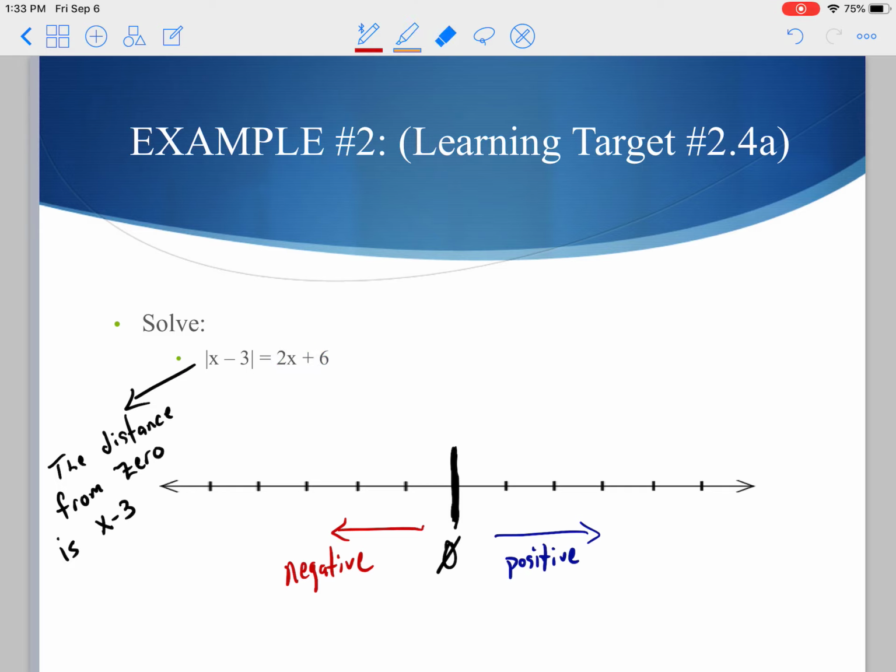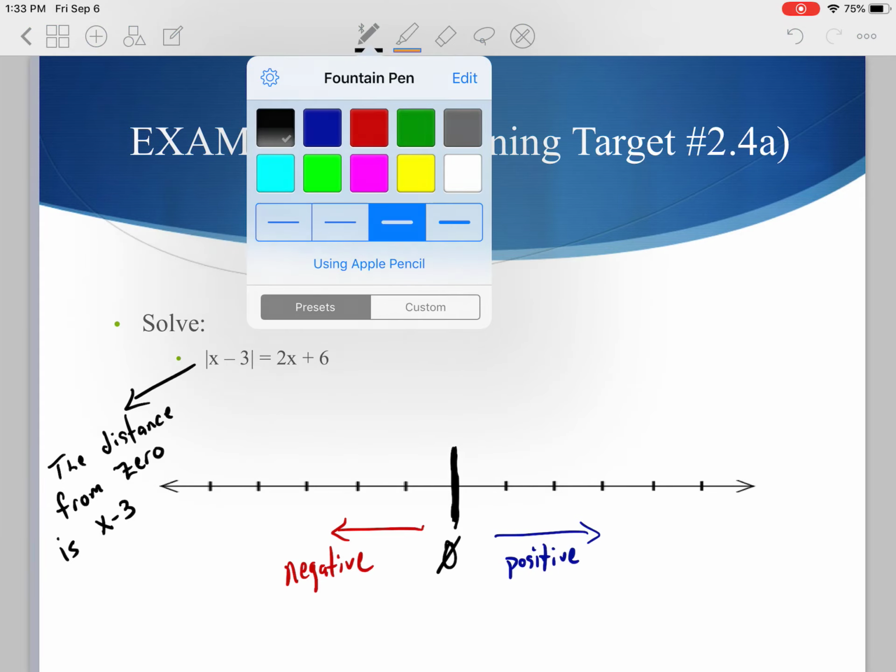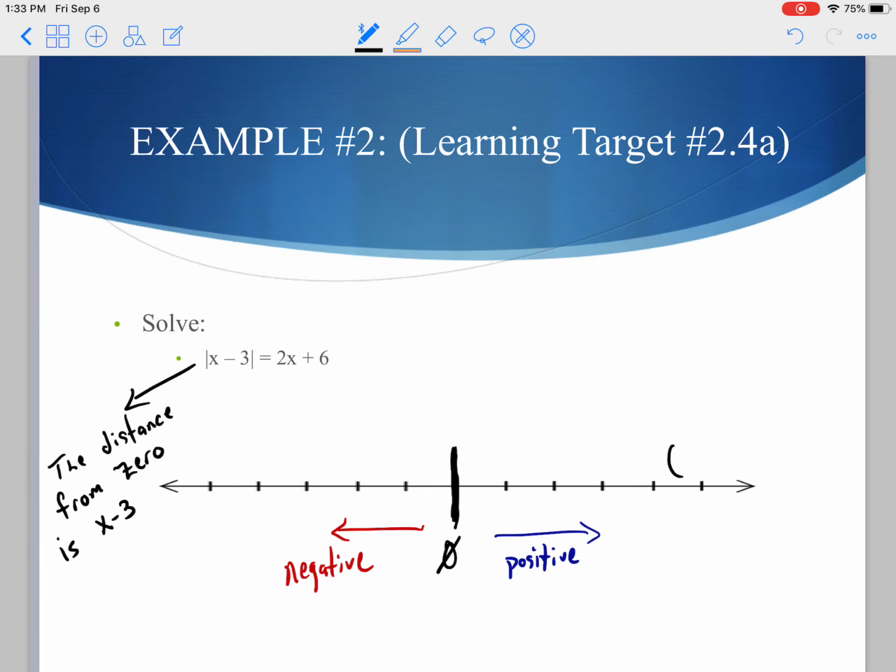So I just want to represent that by placing it somewhere on the number line to the right, or in the positive direction from 0. But as we may recall, we have to also account for the negative direction, the other distance from 0. And so I'm also going to place the value in the negative direction.